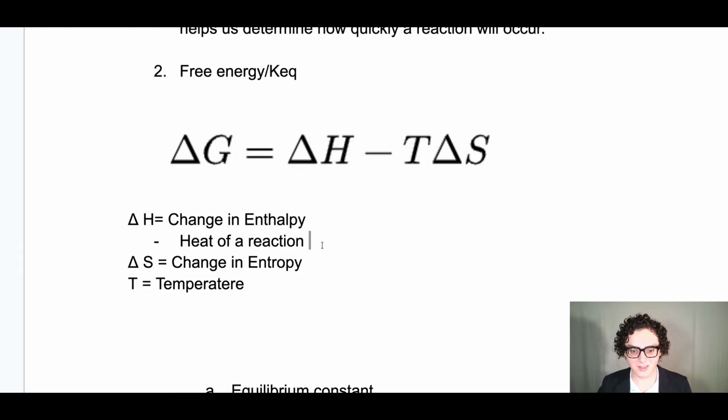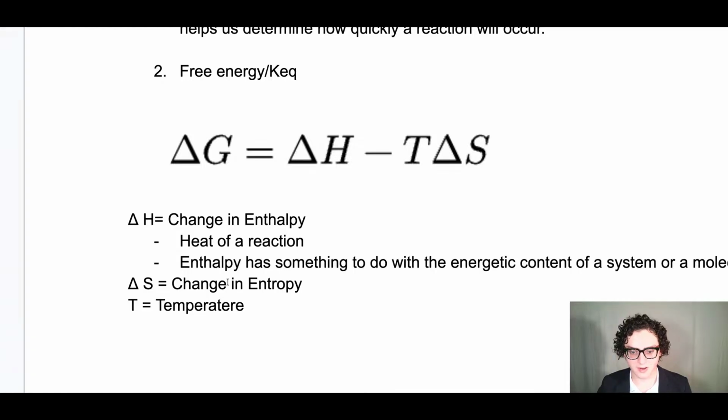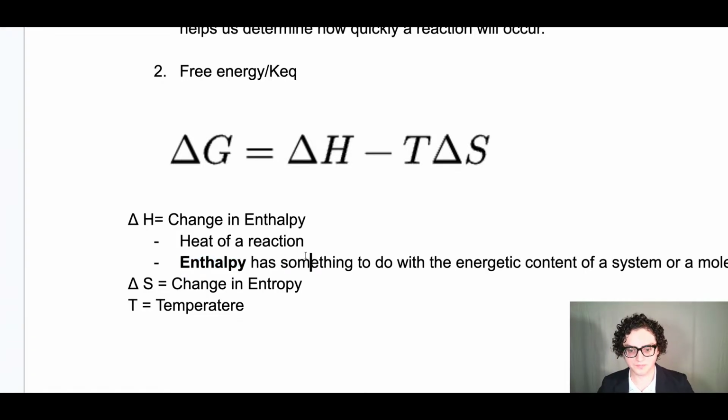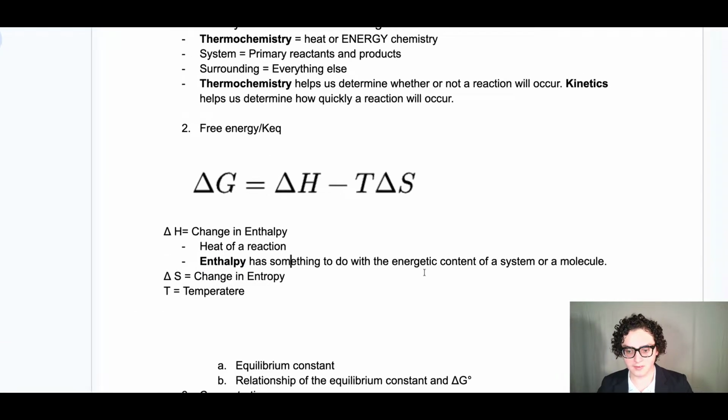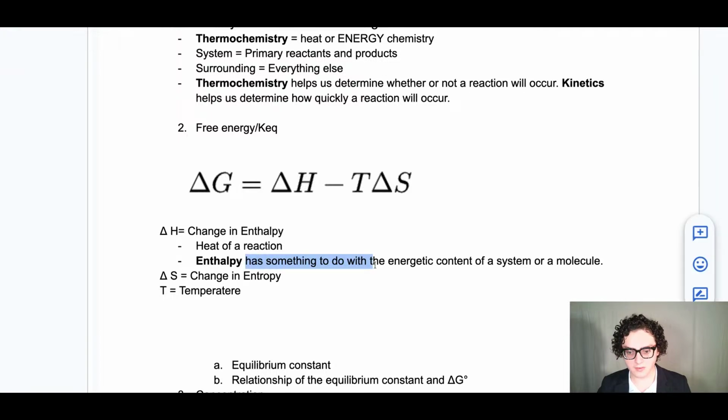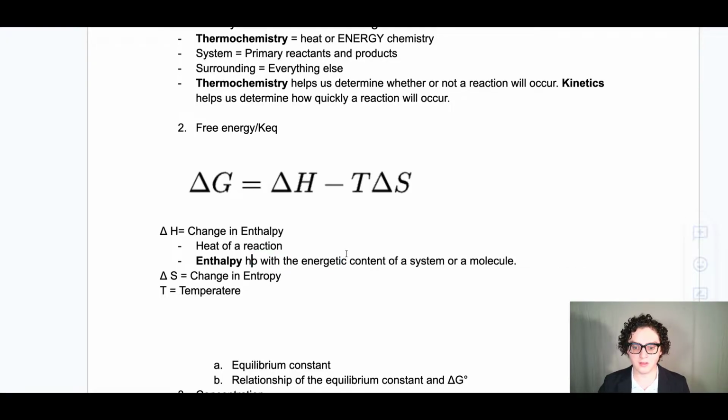Okay, here's a great definition for enthalpy. So this definition says enthalpy has something to do with the energetic content of a system or molecule. I'm going to change this to: enthalpy represents the energetic content of a system or a molecule.